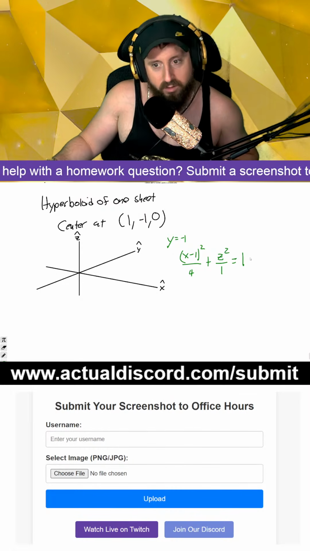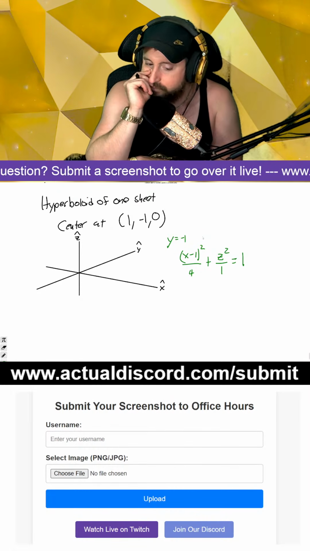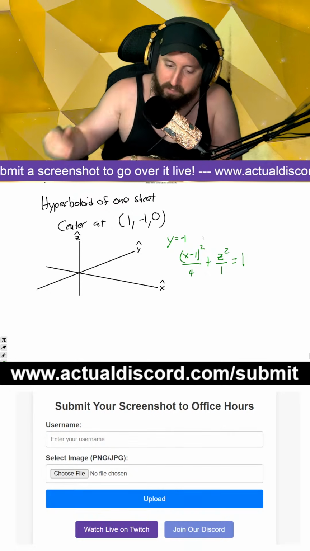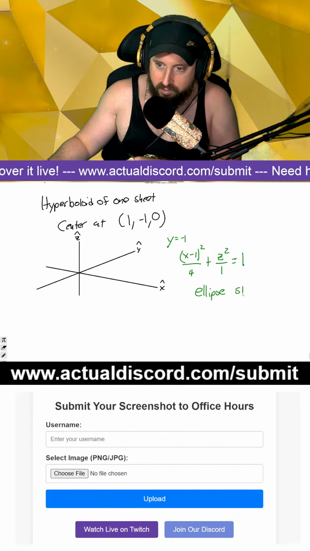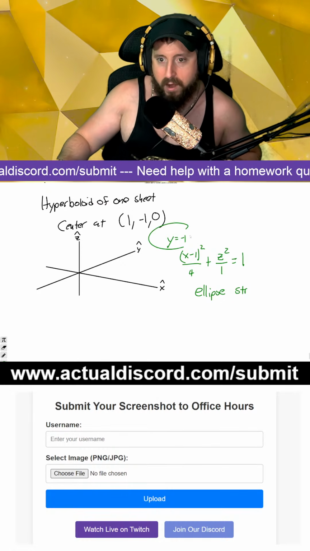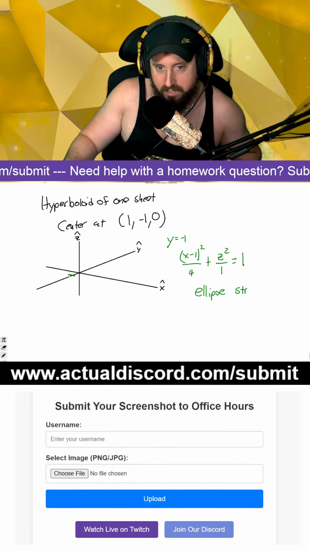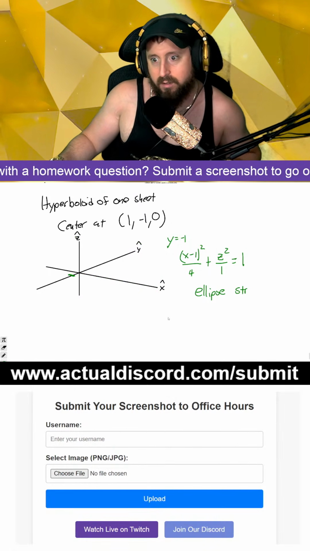So this right here is the equation of an ellipse, right? This is an ellipse that is stretched. First of all, we're graphing at y equals -1, so we're looking strictly in the xz plane.